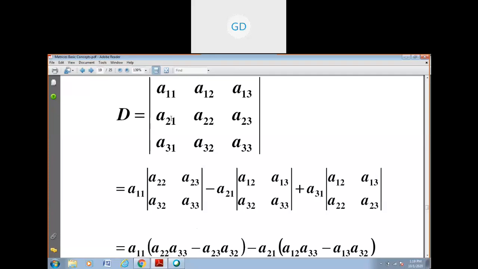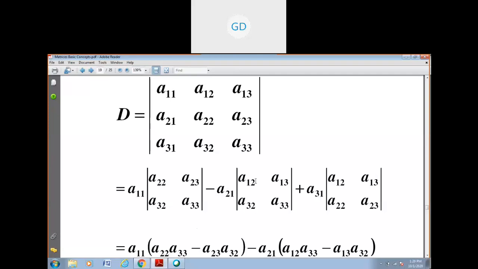Next, A21. Along the first column we are going to expand it. So now A21 is this. Now the row containing A21 is this and the column containing A21 is this. If we omit this row and this column, then the elements left are A12, A13, A32, A33.